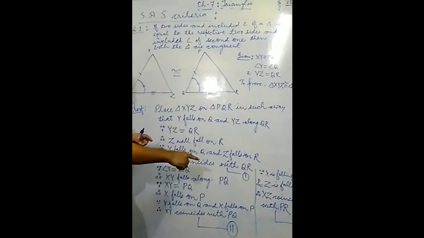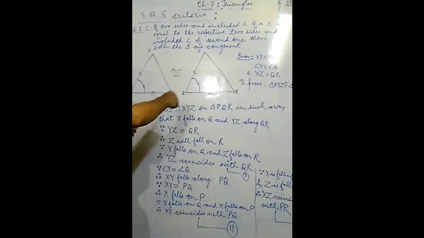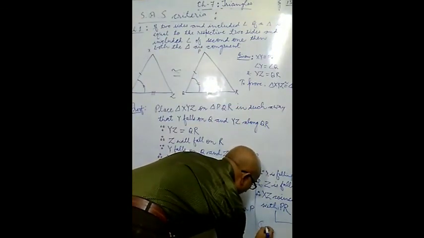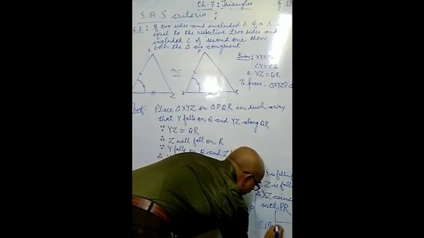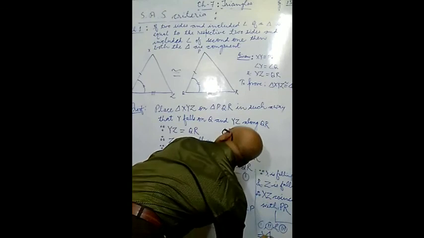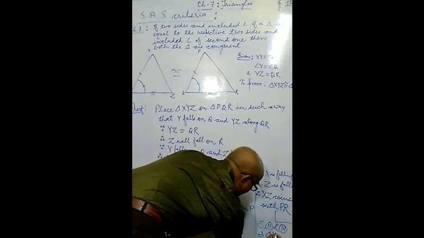So equations 1, 2 and 3 imply triangle XYZ is congruent to triangle PQR.